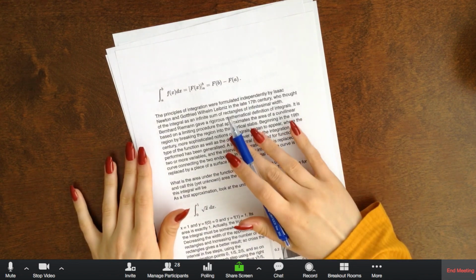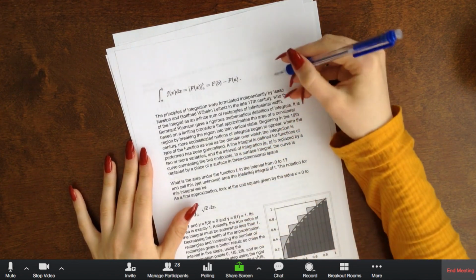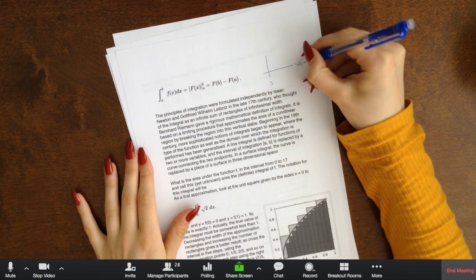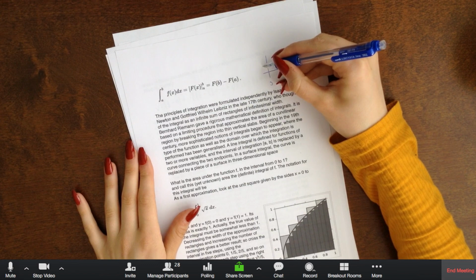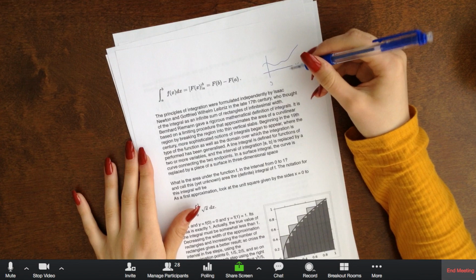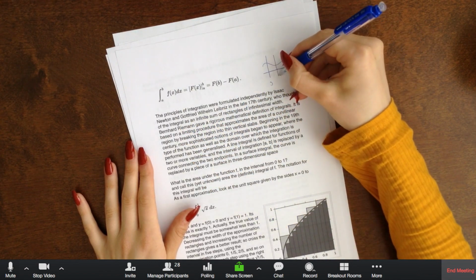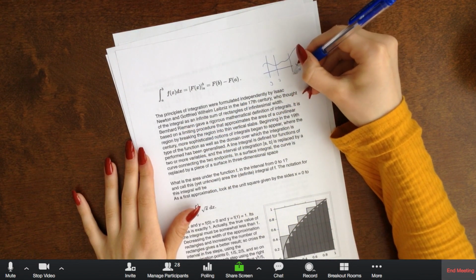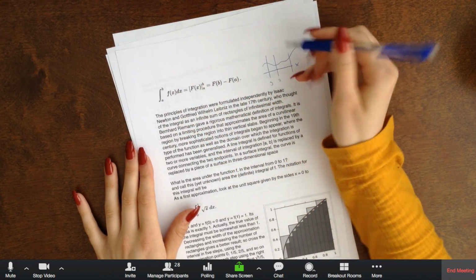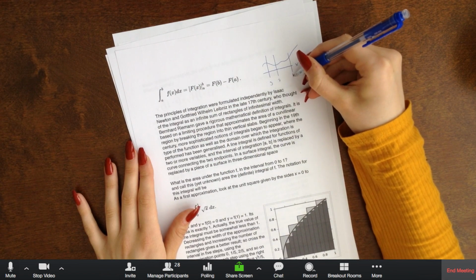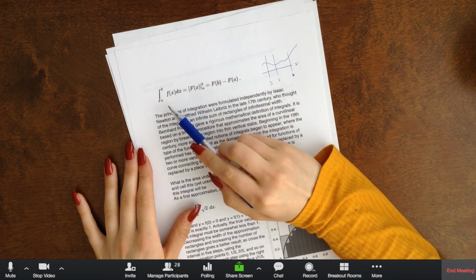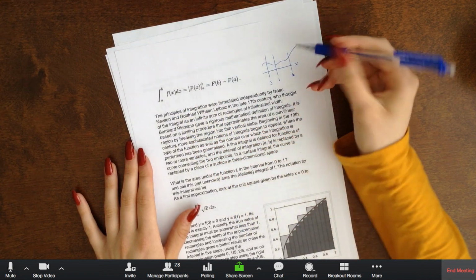Okay, now let me draw a picture of this once again. So here we have the y-axis and the x-axis, and let's say that our function f goes just like that. Now, to determine the integral between a and b, which is right here, we will first integrate the function f and then subtract.